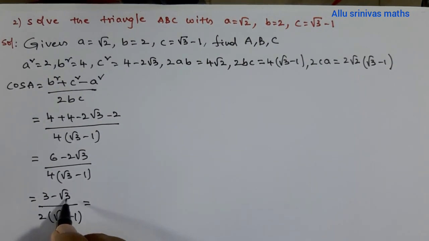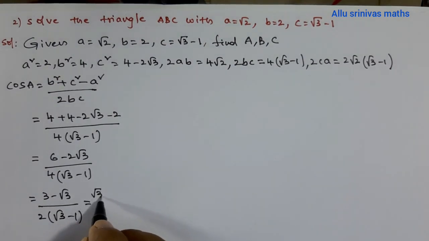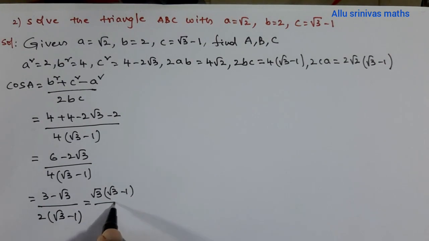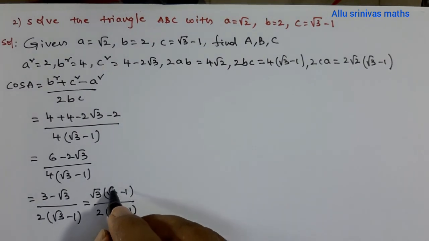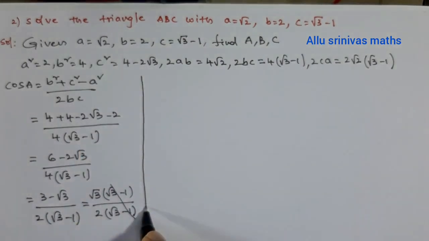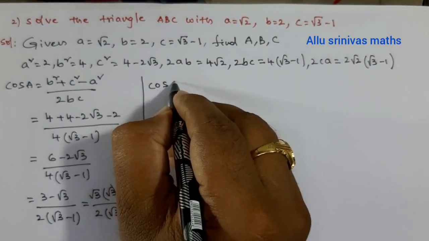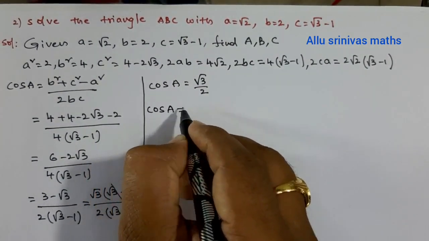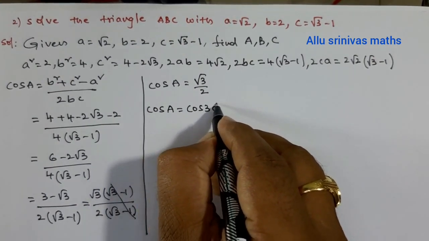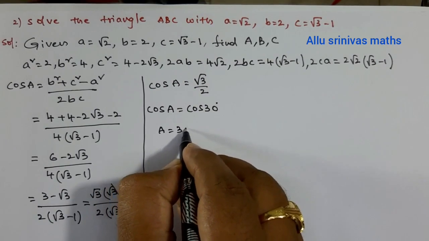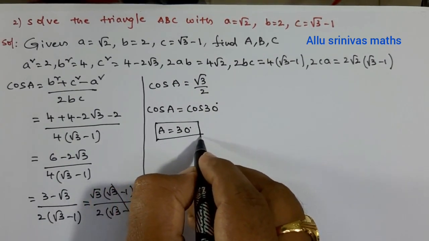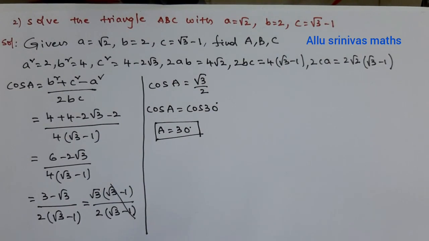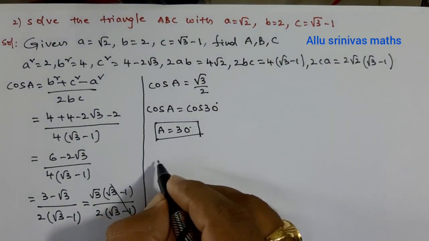We take common root 3 from the numerator, root 3 minus 1 by 2 of root 3 minus 1. So numerator and denominator root 3 minus 1 cancelled, and the remaining is cos A equals root 3 by 2. Root 3 by 2 can be written in cosine terms as cos 30 degrees. Both sides cos cancelled, and the required angle is 30 degrees.